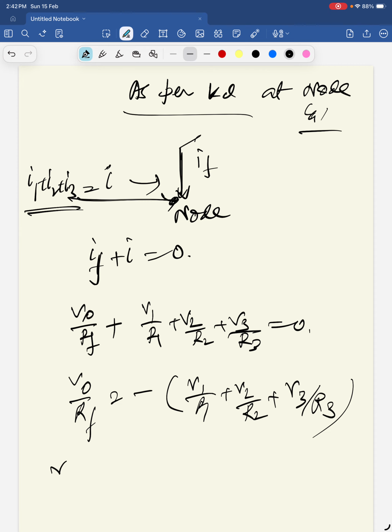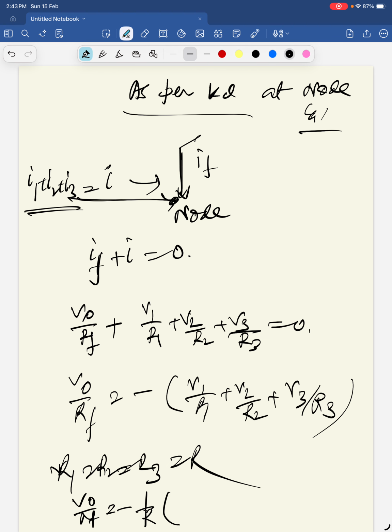So V0 is equal to, now what we will say, R1 is equal to R2 is equal to R3 is equal to R. If it is something like that, then what will happen? So here all will be R. So in that case, V0 by RF is equal to minus 1 by R, it will come out, times V1 plus V2 plus V3.